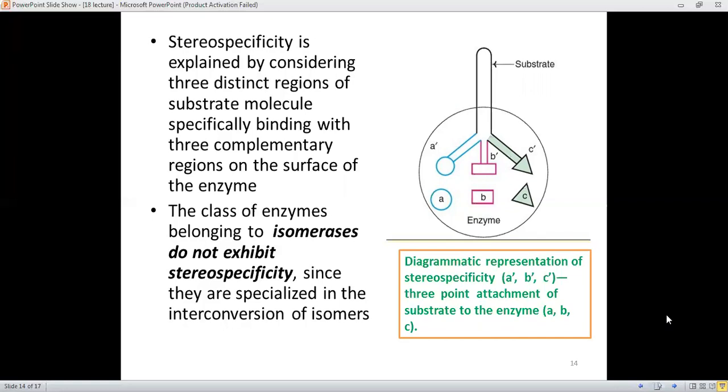These are the three points of attachment of the substrate to the enzyme, and the enzyme points are A, B, and C. It means that the shape and conformation should be complementary for overall stereospecificity. The class of enzymes belonging to the isomerases don't exhibit stereospecificity since they are specialized in the interconversion of isomers.